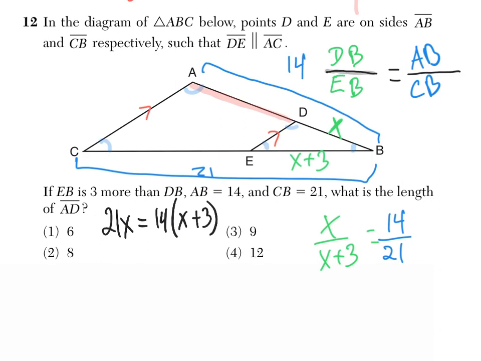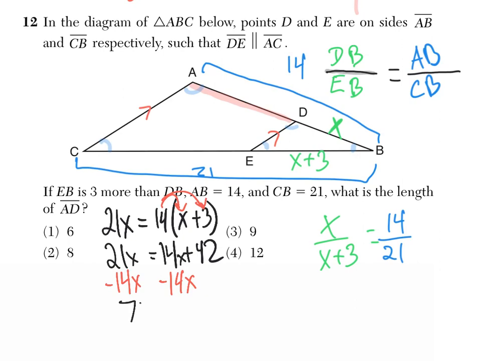And we're going to have to simply distribute a little bit. So 21X equals 14X, and then 14 times 3 is 42. Okay. Let's combine like terms, and to do that, we're going to subtract 14x from one side and the other. And so 7x equals 42.